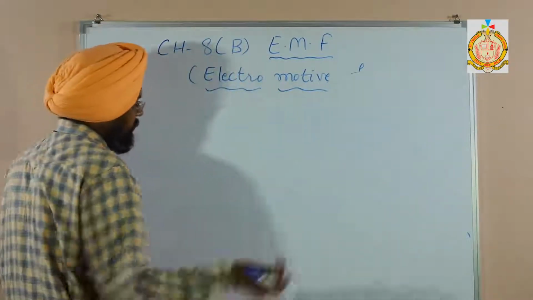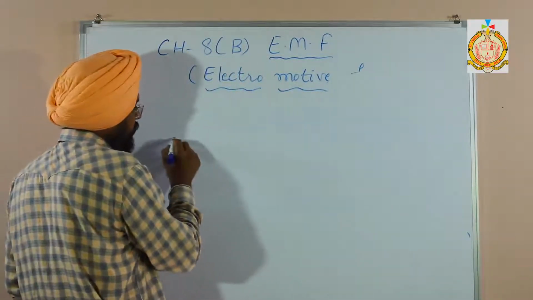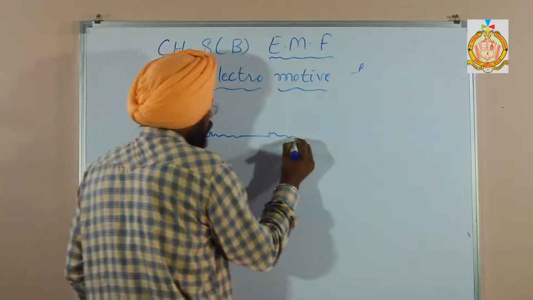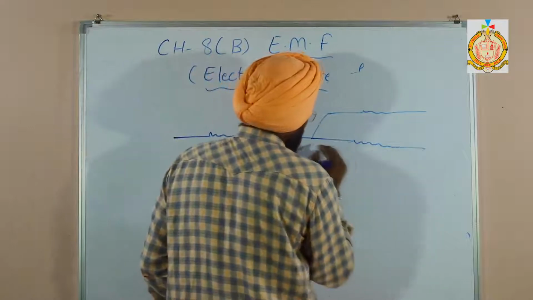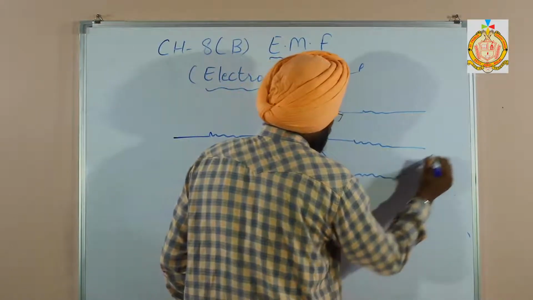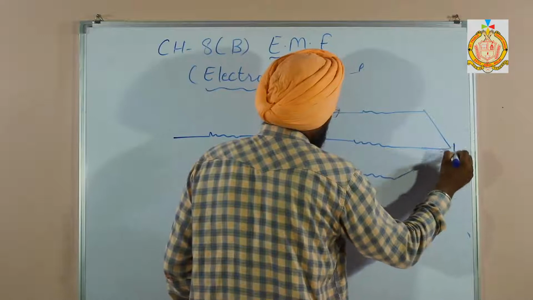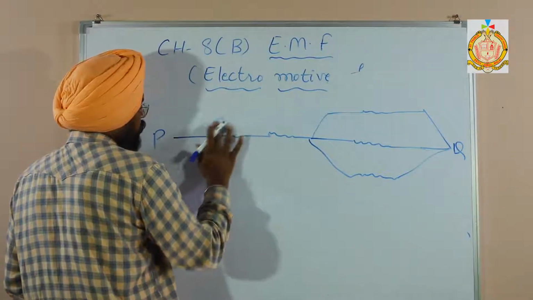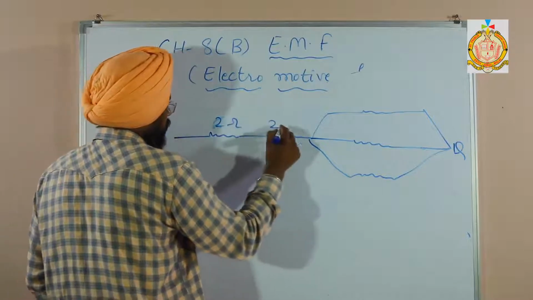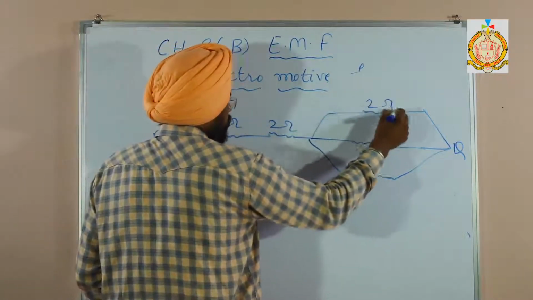Let me explain one numerical to you. Suppose these resistors are there, and they ask you to find the resistance between P and Q. This is 2 ohm, this is also 2 ohm, 2 ohm, 2 ohm.